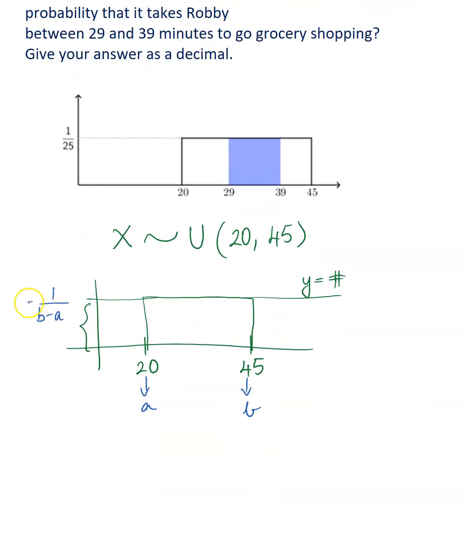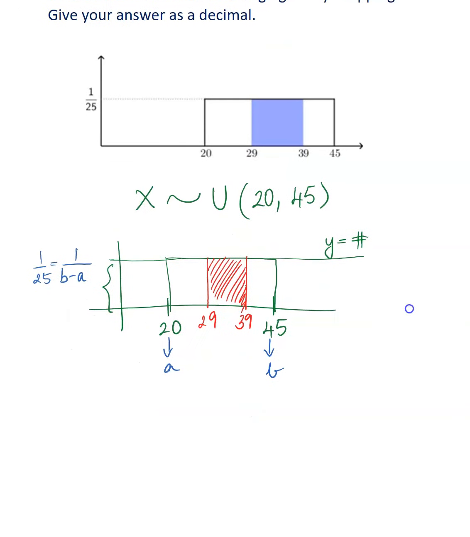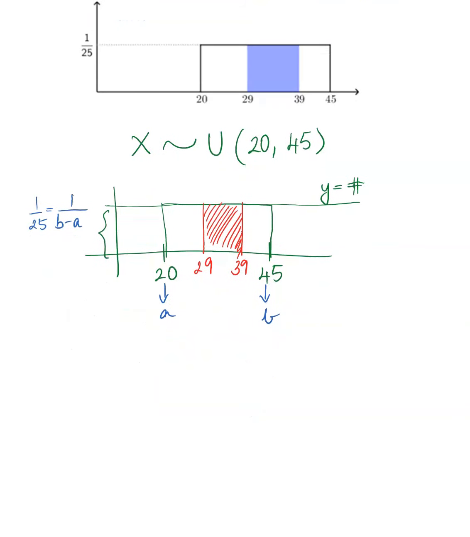So the question is, what is the probability that it takes Robbie between 29 and 39 minutes to go grocery shopping? All right, so I showed you how to construct it, but now let's answer the question. So what's the probability of x, the time for grocery shopping, to be between 29 and 39 minutes? So you're only focusing on this red region, or if you go back to the original graph they gave us, it's the blue shaded region.